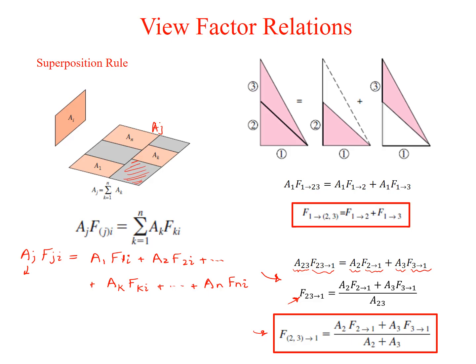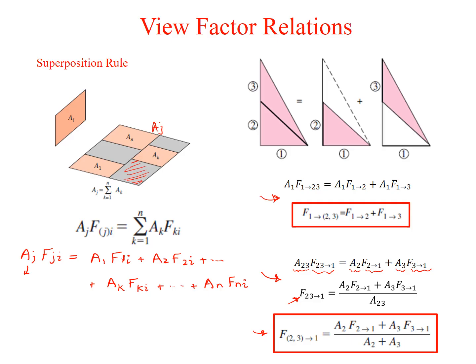You may need to think about this a little bit more than the other rules because this may sometimes become a little more confusing than the others. The opposite is not very confusing, it's what we have here. When you have, for example, two areas like 2 and 3, and you want to write everything with regard to F23, it becomes a little more confusing. But when we're talking about the view factor from 1 to 2 or 1 to 3, it's easier.